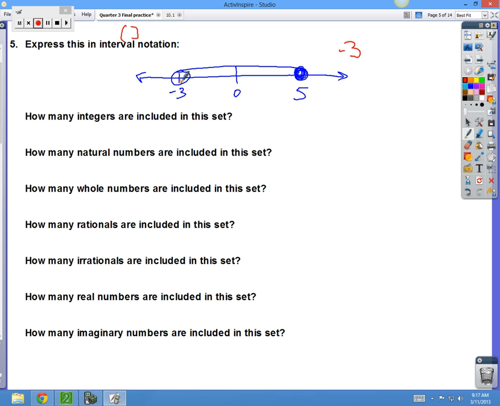What number is right next to negative 3? That's a bonus question. What number is right next to negative 3? Is there a number? Any number you choose, I can find one smaller.